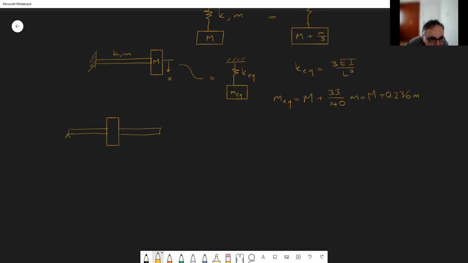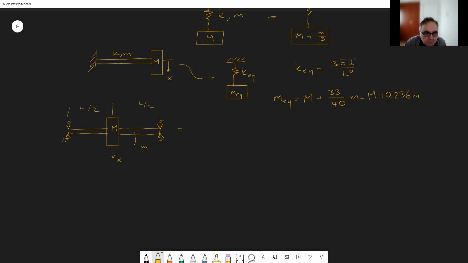So it is simply supported like this. This shaft has a mass of M, and the displacement here is x.